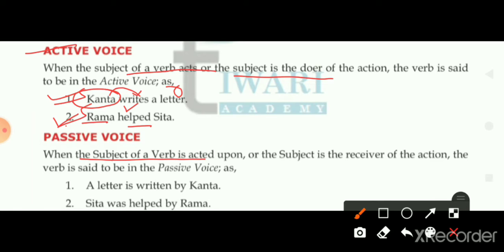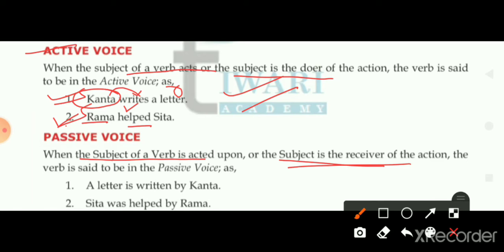The subject is the receiver of the action in passive voice, and in active voice the subject is the doer of the action, the one who is performing it. The subject now turns into the thing on which the action is performed. We can simply say the subject of a verb is acted upon.